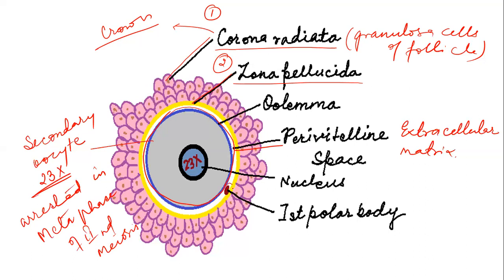Here you can see one small body formed at the time of completion of first meiosis, and it is a non-functional cell with the similar number of chromosomes as the secondary oocyte, that is 23X. So this is the structure of ova.